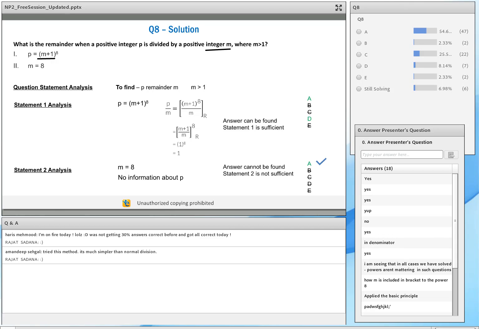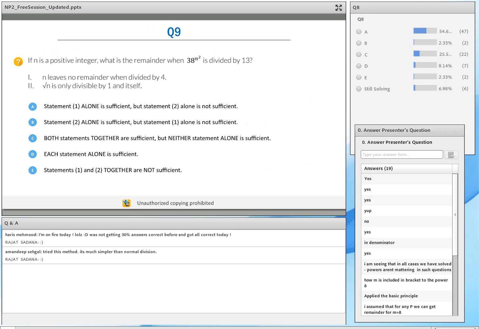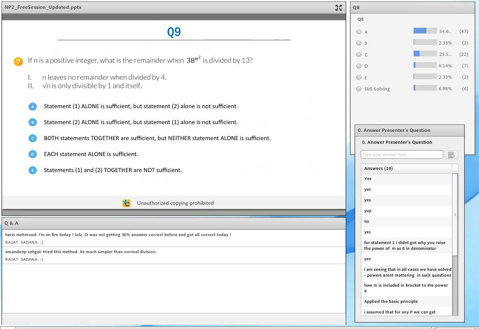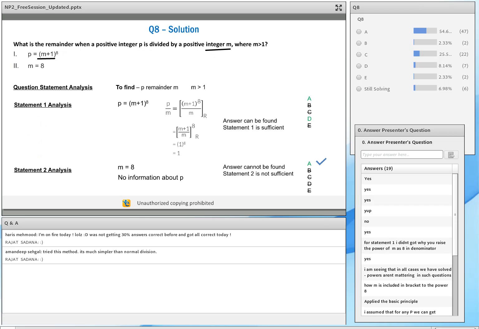Just one second. I see a question. Someone said, I'm seeing in all these questions that we've solved, the powers don't matter.